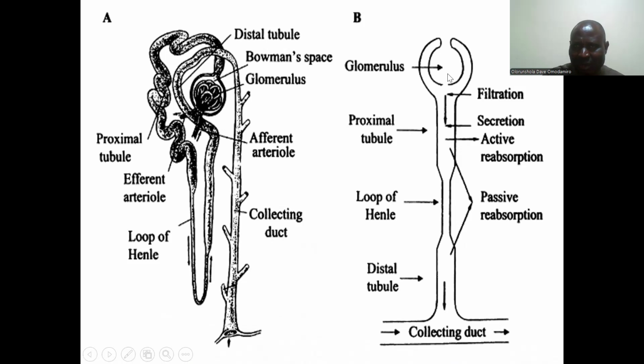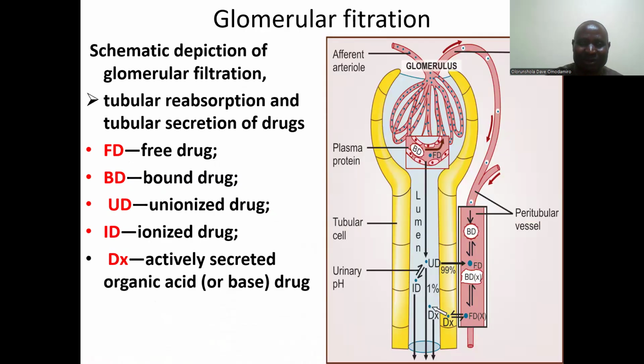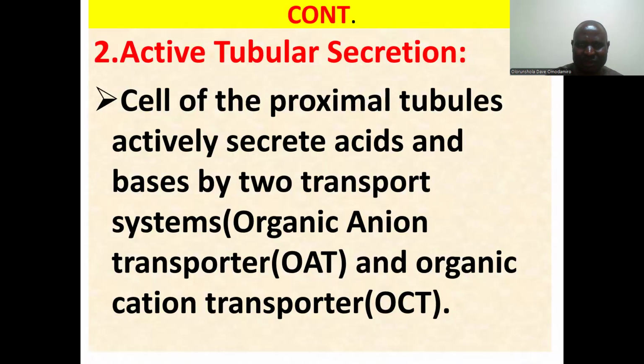This is our glomerulus. This is the Bowman capsule, and this is where the filtration actually takes place, and then the drugs will go into this collecting duct. So this is the simple process by which this takes place.